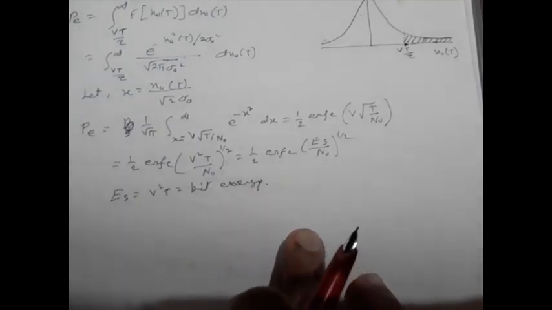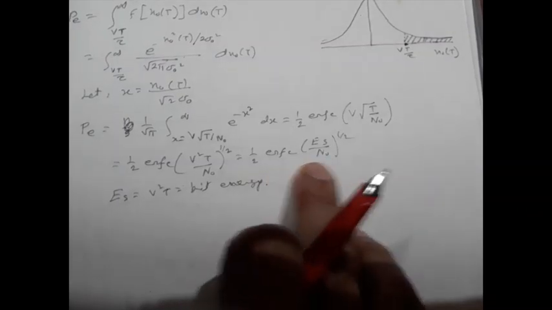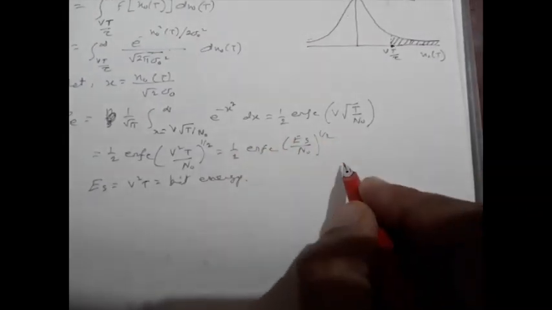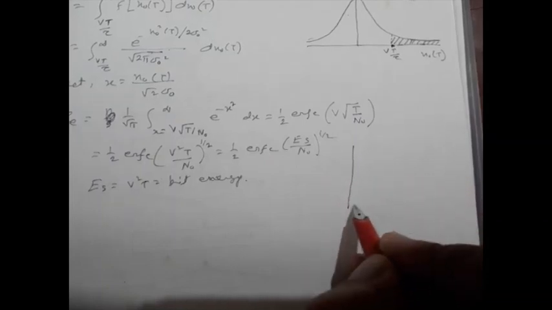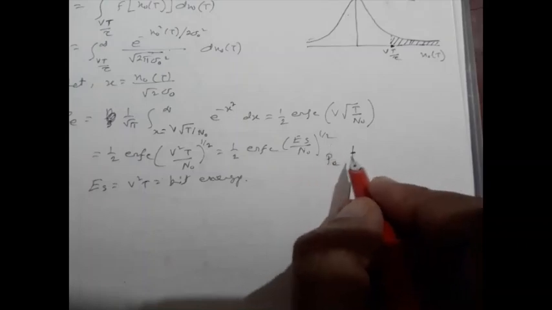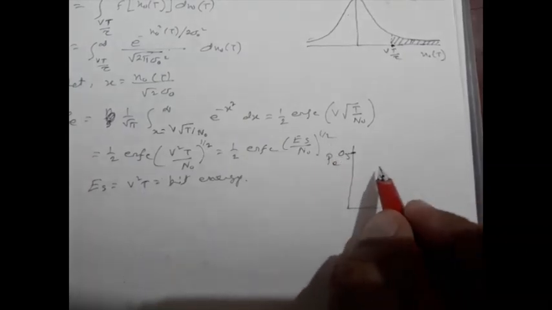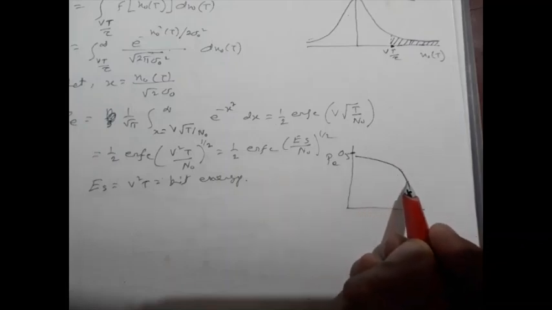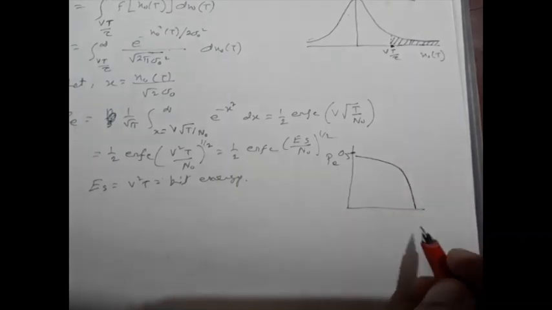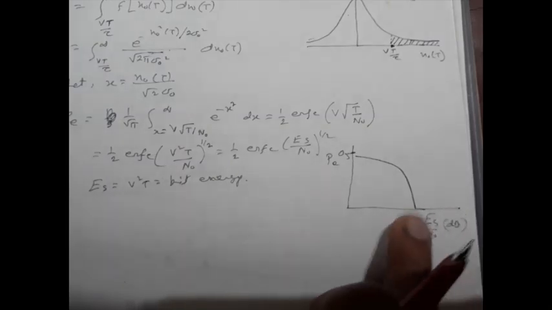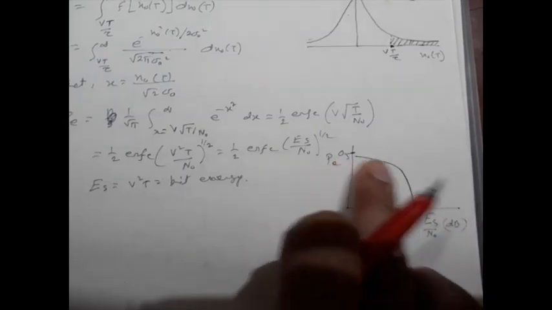So the probability of error is given by this equation, and if we plot it, we will get this type of characteristic, just like a waterfall. With Es by N0, it will vary like this.